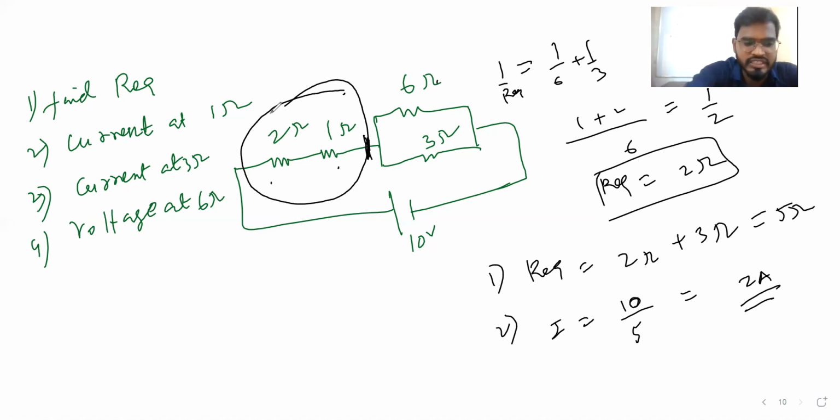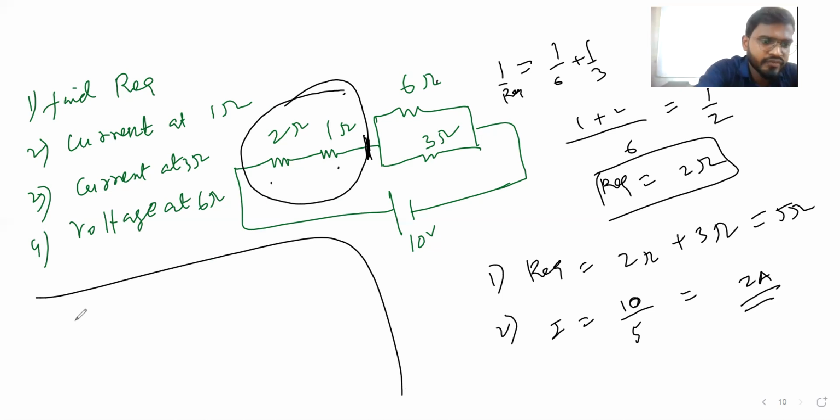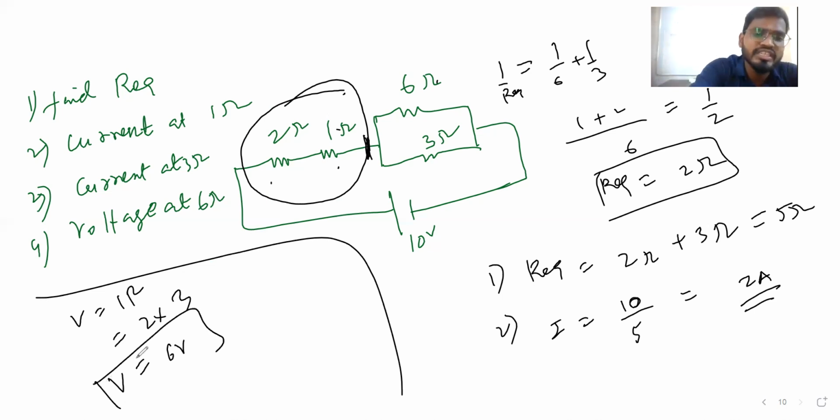V is equal to IR. Okay, how much is used here, that we are going to see. Current is how much, guys? 2 ampere, right, till here. 2 into 10? No, 2 is the current, and then 3 is the resistance. Oh, 6 volt is used till here.